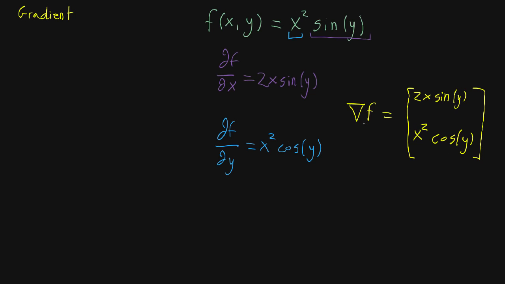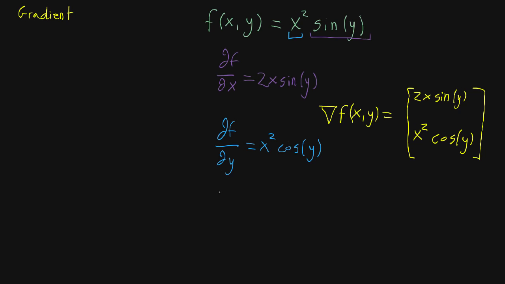And notice, maybe I should emphasize, this is actually a vector-valued function, right? It's got an x and a y. This is a function that takes in a point in two-dimensional space and outputs a two-dimensional vector. So you could also imagine doing this with three different variables.